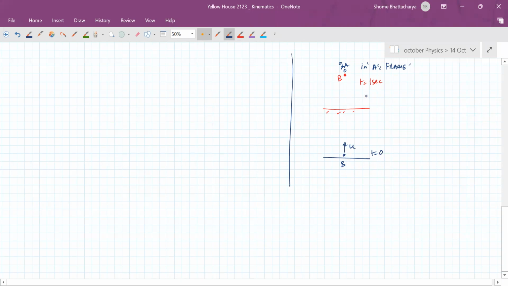So now that we know that in 1 second in A's frame this is what happens, back in the ground frame, this is where they were at t equal to 0.